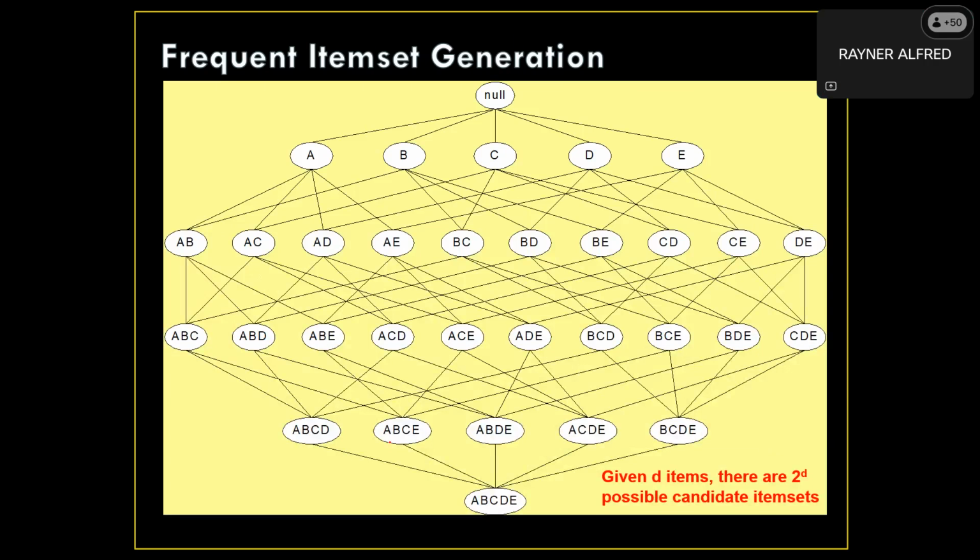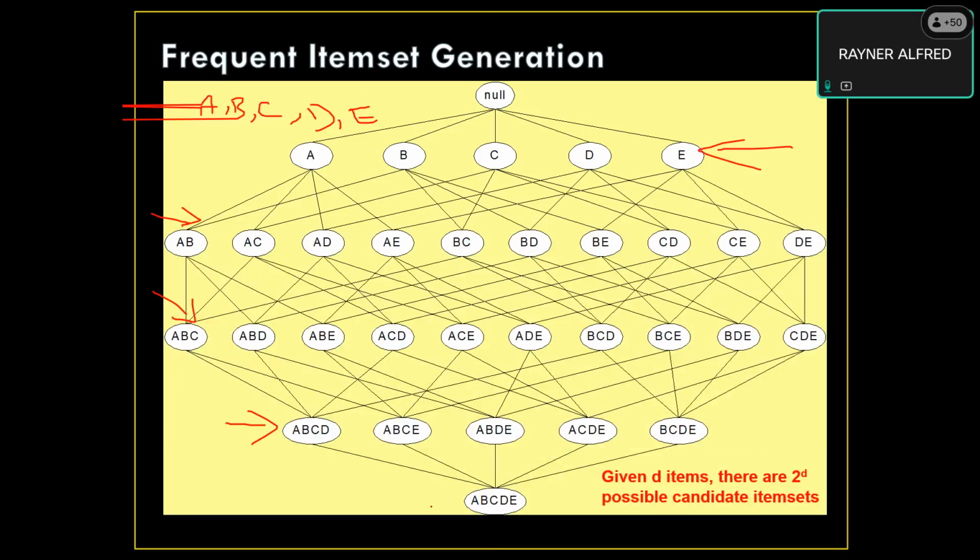Okay. So if, for example, in the item set we have A, B, C, D, E, this is a 5-item set. We will start with the one-item sets first. This is the first level, and then the second level. We take all combinations, and then we have the 3-item sets, 4-item sets, and 5-item sets.